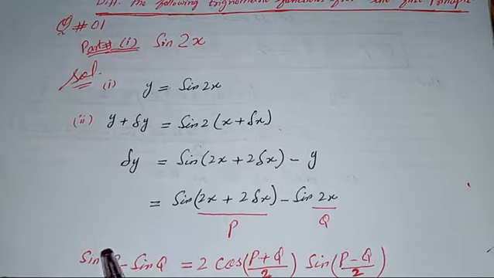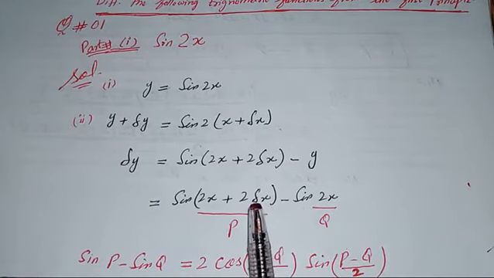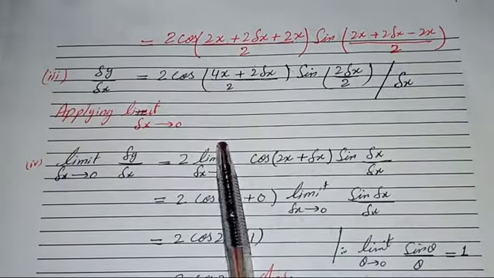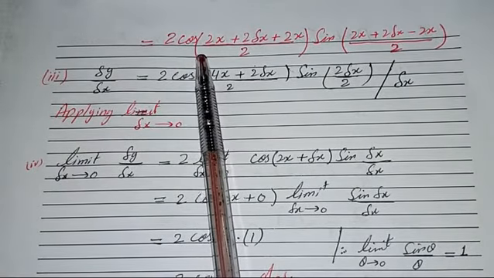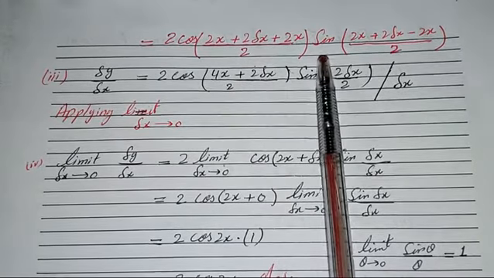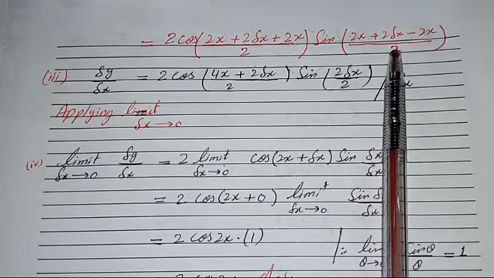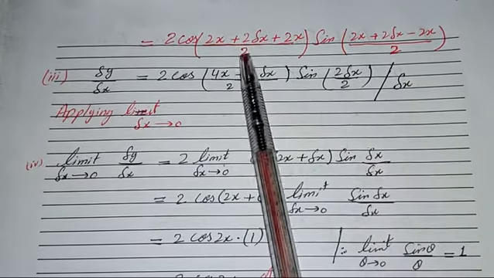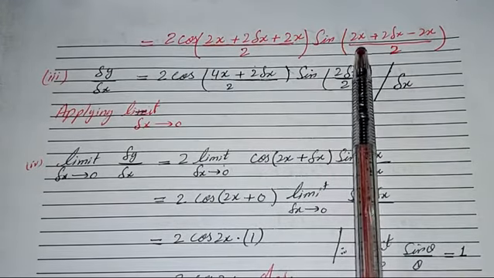By using this formula we will continue this question. So by applying the formula, 2 cos of 2x plus 2 delta x plus 2x over 2, sin of 2x plus 2 delta x minus 2x over 2, as cos p plus q, sin p minus q.